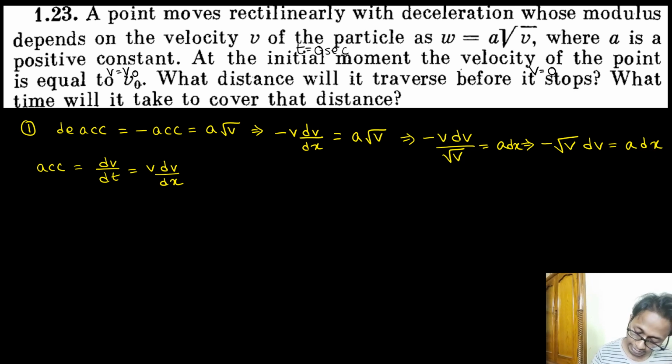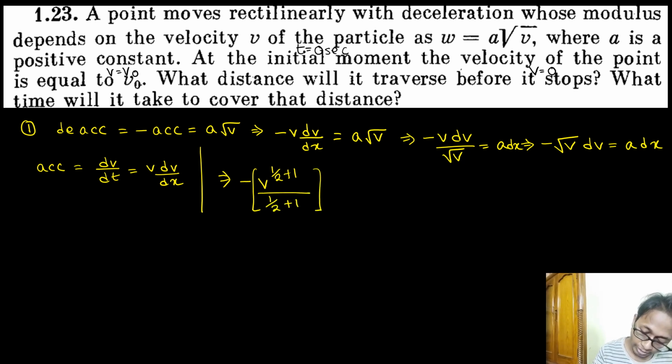So when we integrate this, the integration of root v dv is nothing but minus v to the power 1 by 2 plus 1 divided by 1 by 2 plus 1, is equal to ax plus some constant.